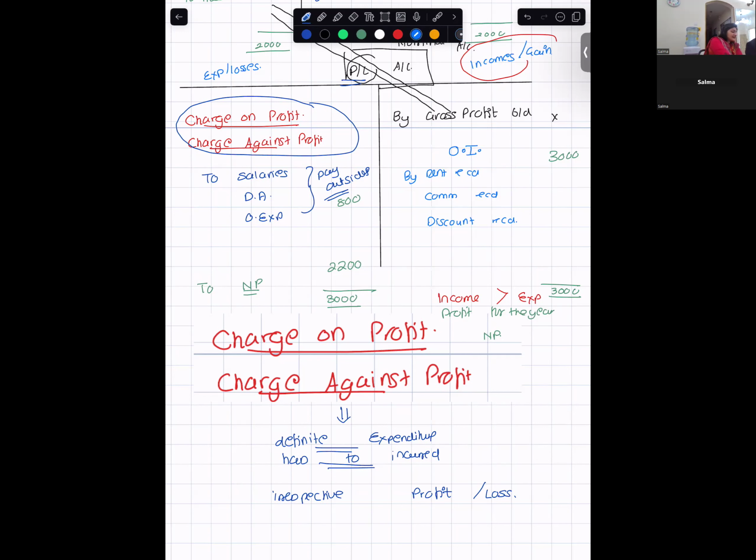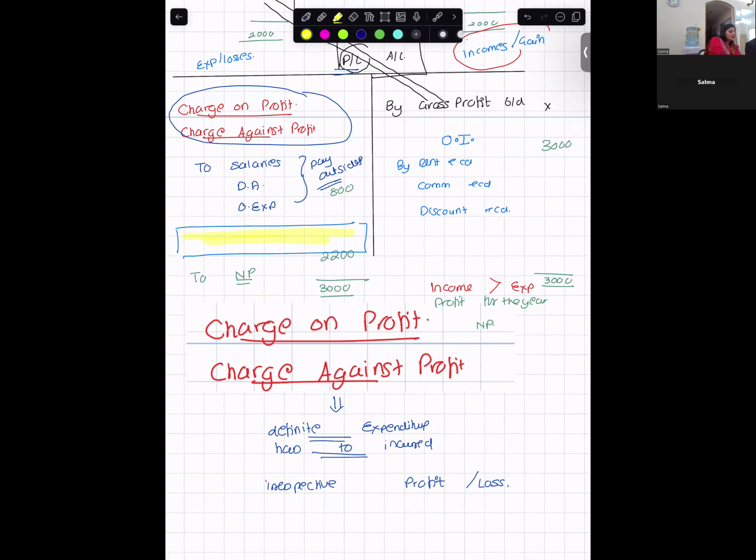There is one expenditure which, even though we are giving it to the partner, is treated as a charge against profit. What is that one thing? That one thing is the most important thing where you treat your partner as an outsider. That is called interest on loan. So this is an expenditure even if there is no partnership deal.